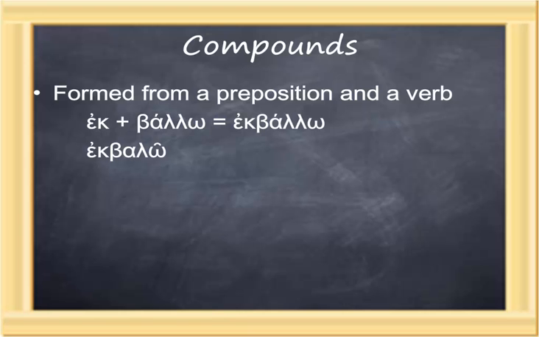So ek plus balo yields ekbalo, or to throw out. And the same combination occurs in forming the future, ekbalo. Just notice, because the root of this verb is bal, the future does not have the extra lambda that the present has.